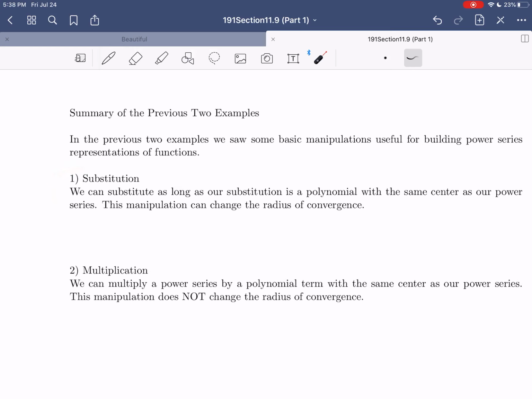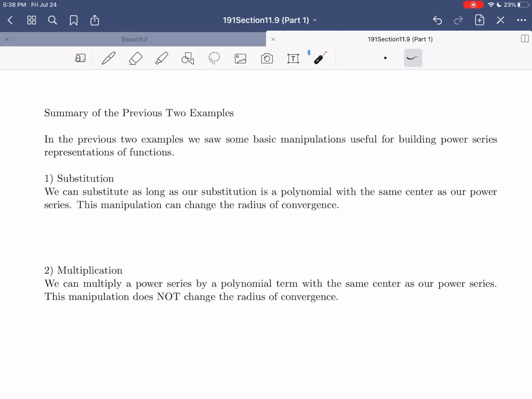You might build another type of infinite series, but it won't be a power series structure. Now, in our next video, we'll take a look at another type of manipulation based on calculus, and we'll see that you can differentiate and integrate these power series as well. So these are not the only two manipulations, they're just the two that we've discussed so far.